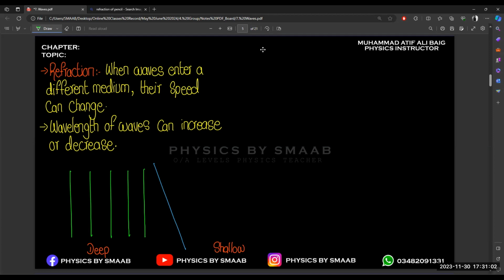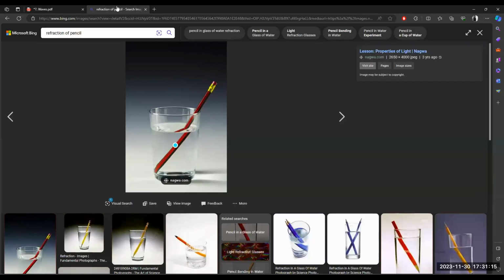We have to make equal distance between the waves. And when entering the shallow medium, their direction will slightly change, because we observe this effect. From this effect, we can identify that the direction will also change.